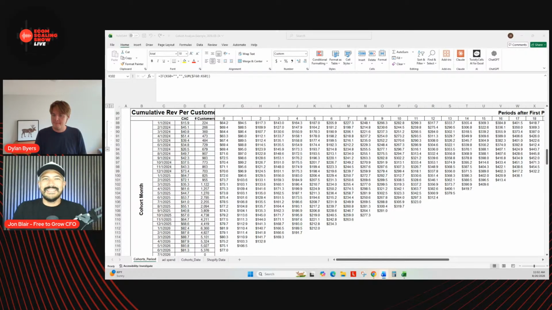But at the end of the day, putting numbers on the screen is where the rubber meets the road, brings us down to reality. So we went ahead and mocked up some demo data, in a template that is very similar to what the Applo Group uses, what we at Free to Grow CFO use.